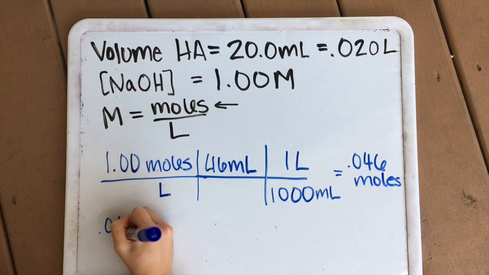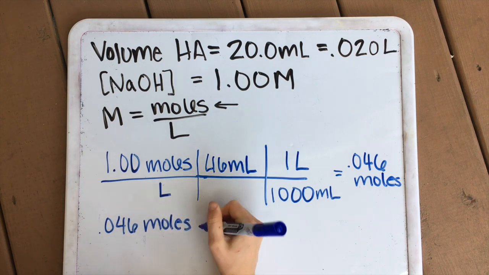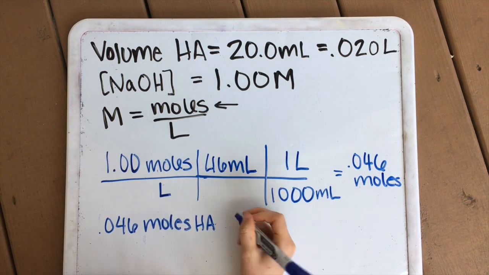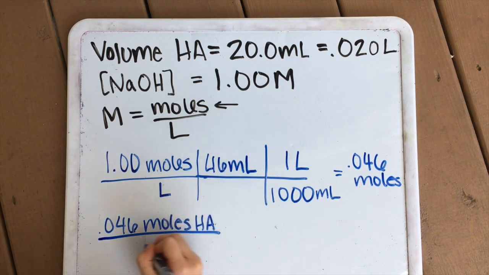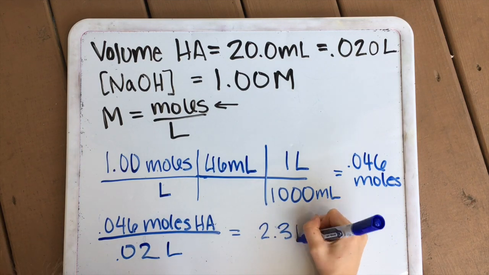That is the same amount of moles that are in the weak acid solution, so all we have to do is divide that by the volume, and we get the molarity, which is about 2.3 molar.